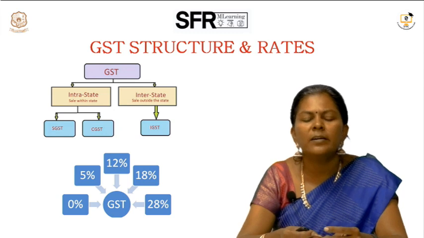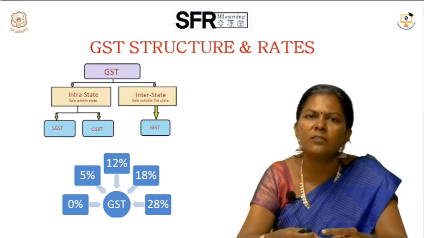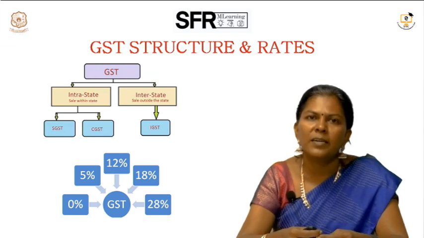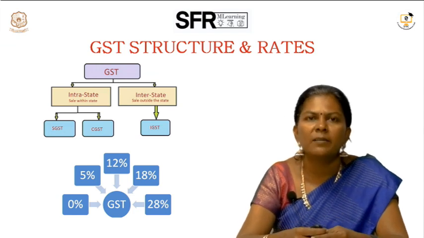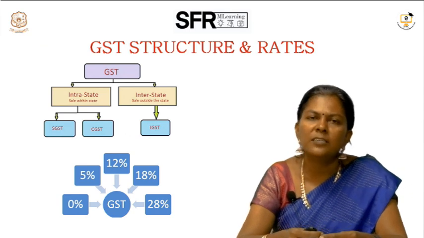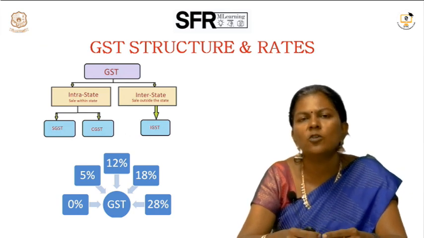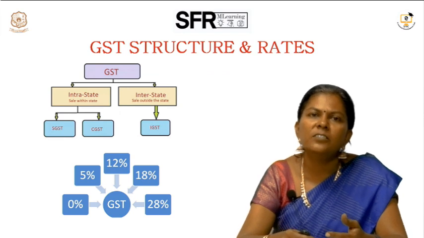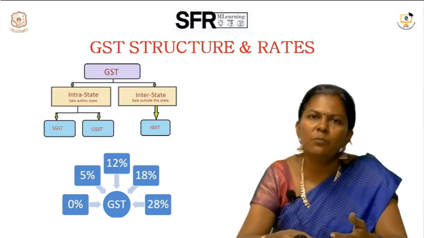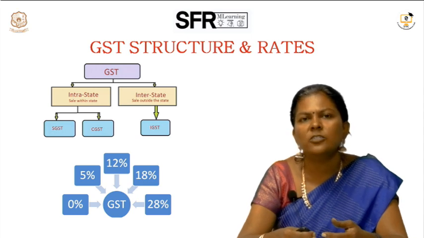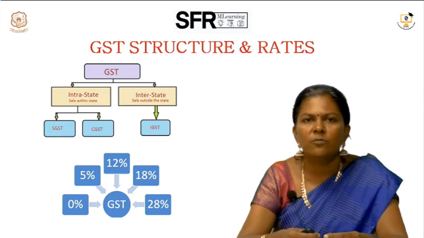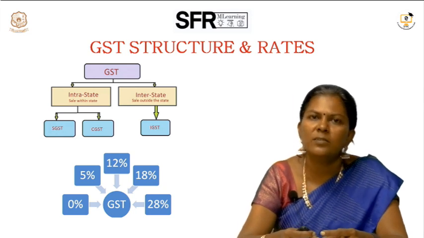If we are having a supply of goods or services within a state, that is intra-state, then depending upon the state, the framework of GST is classified. If the transaction is carried out within the state, CGST and SGST will be monitoring the collection of tax. If business people are doing transactions between states, that is interstate, the IGST format comes in, that is Integrated Goods and Service Tax.